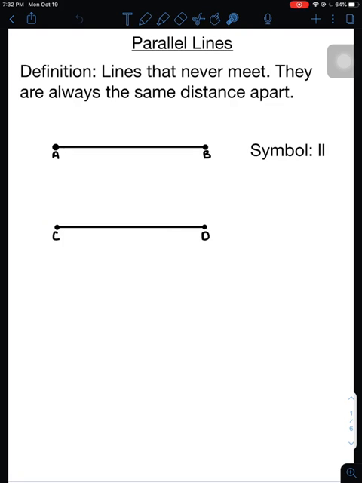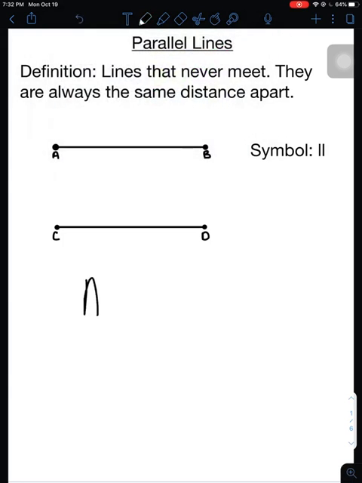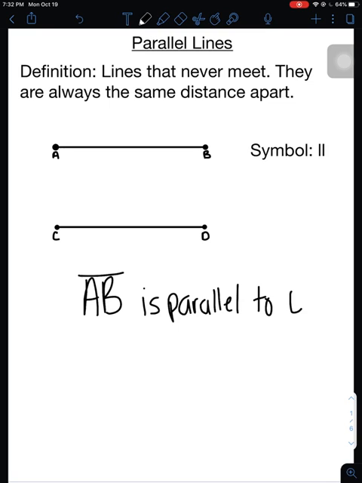So we have these two lines, and if the problem specifically says line AB is parallel to line ED, you can say it that way, so you can specifically say a sentence.